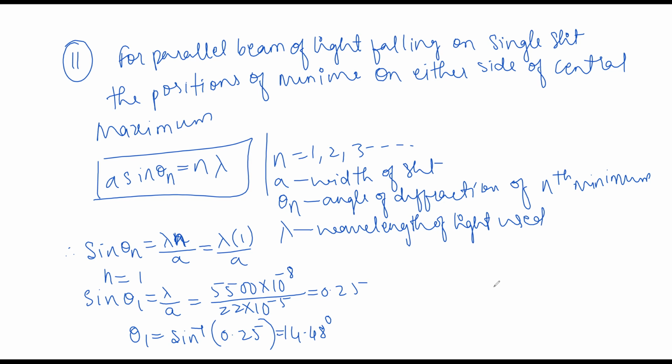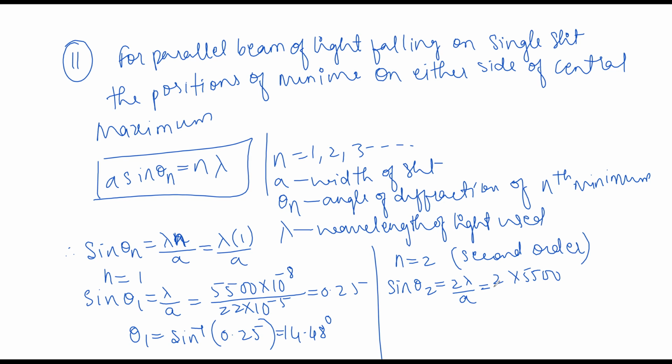Similarly for the second order, n is equal to 2. If we put n is equal to 2, sin of theta 2 is equal to 2 lambda by a. 2 into lambda value 5500 into 10 to the power of minus 8 divided by 22 into 10 to the power of minus 5 gives 0.5. So theta 2 is equal to sin inverse of 0.5, and what value do we get? 30 degree.